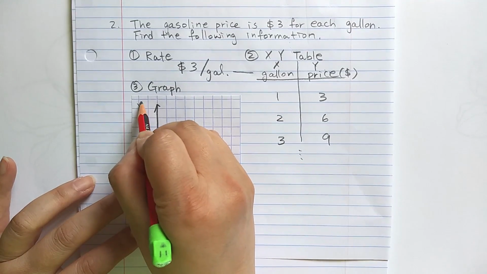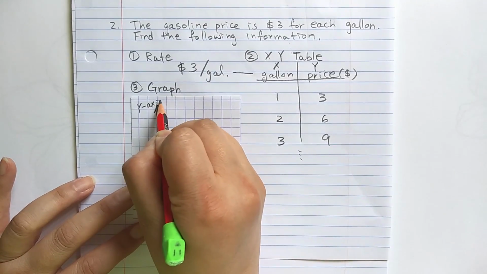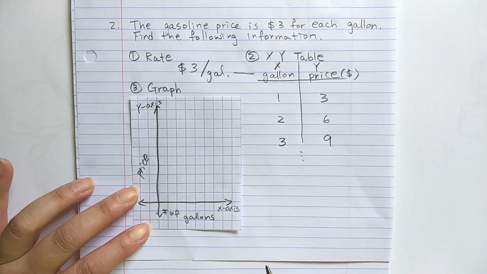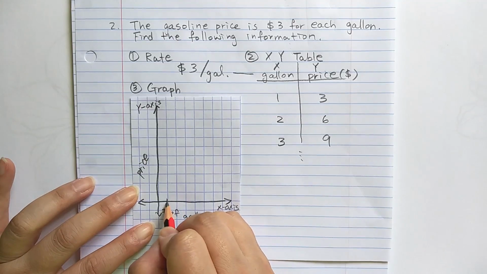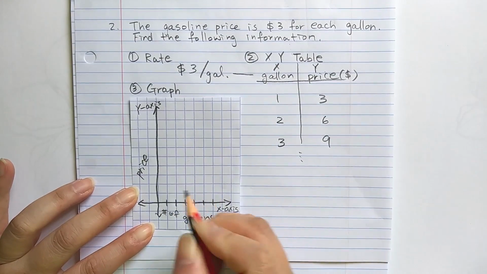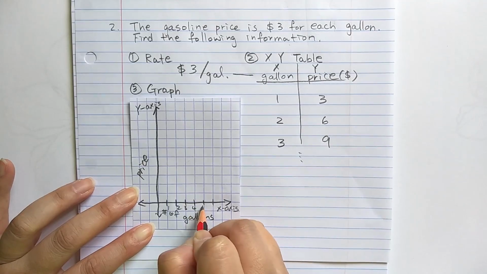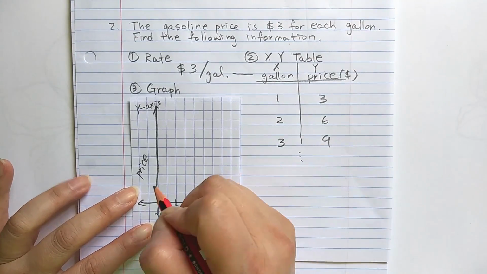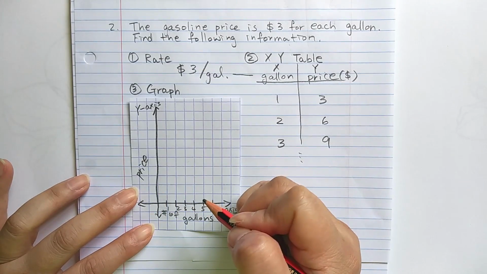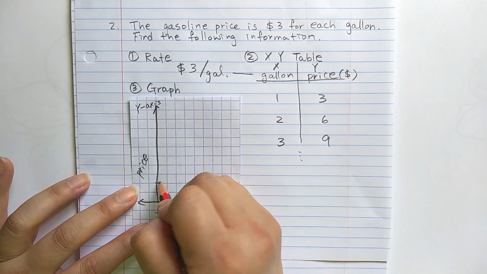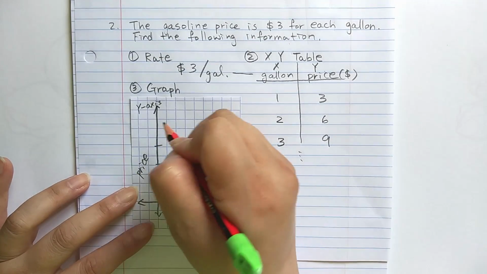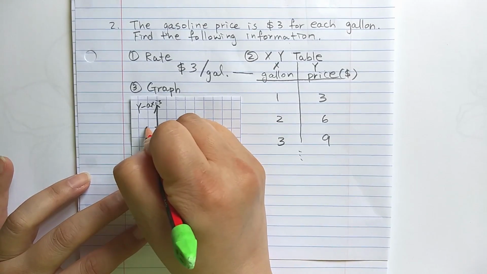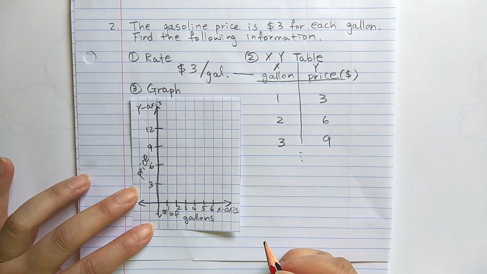And we call this what axis? Y-axis. And this is for the price. Let's mark some numbers. 1, 2, 3, 4, 5, 6. And since we have 3, 6, 9, let's just mark 3, 6, 9, and maybe 12 here.